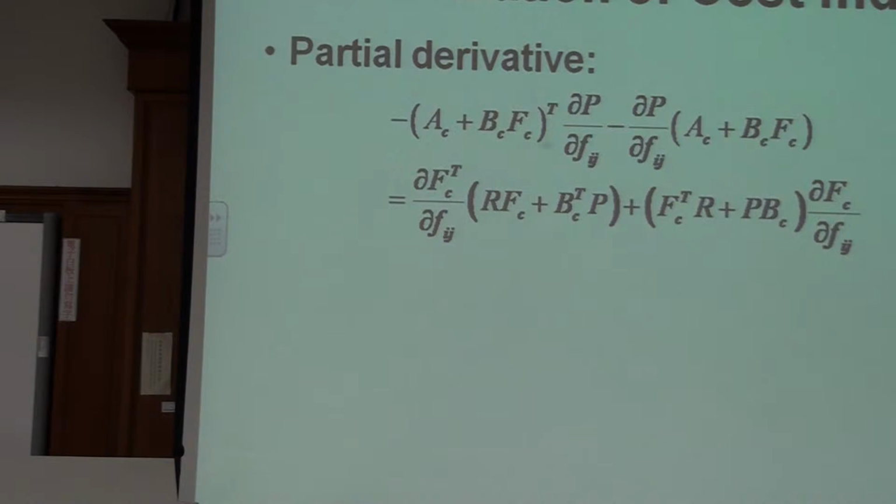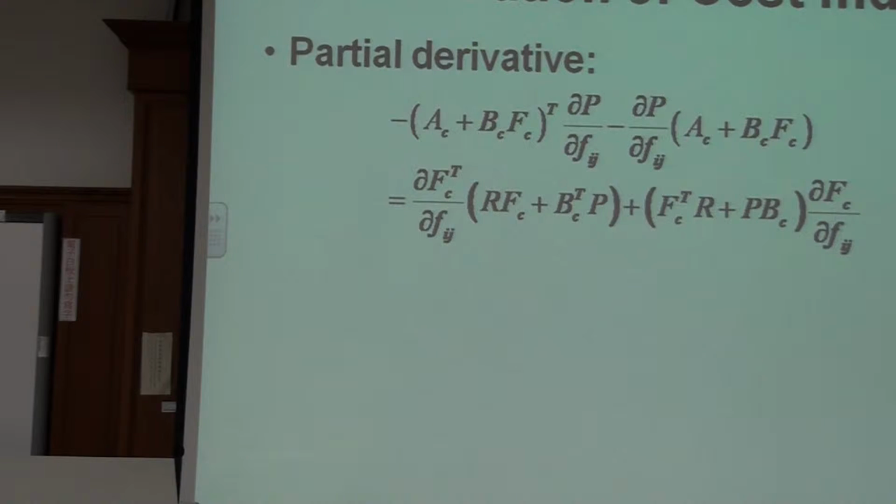Now that has P and this one has F, then that's partial F transpose partial C partial Fij, and we have that term plus FCR plus PBC, partial FC partial Fij.